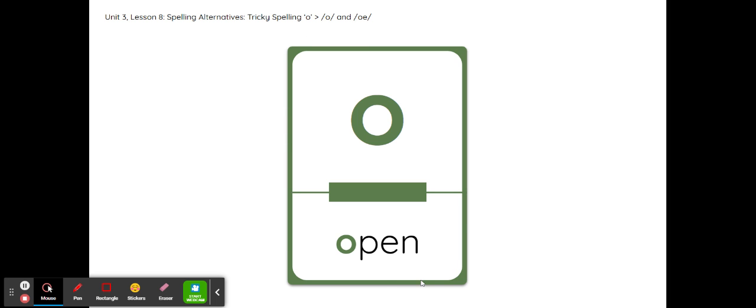You'll take your green marker and trace the O box, the letter O, and we know this O says O as in open. And our power bar tells us that it is very common.